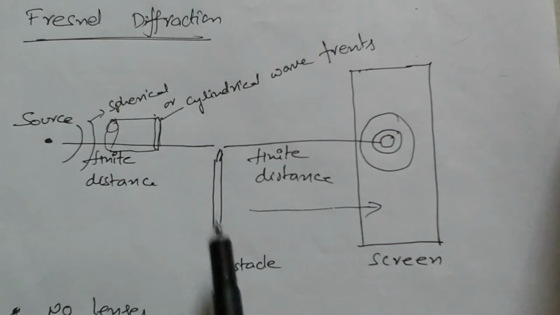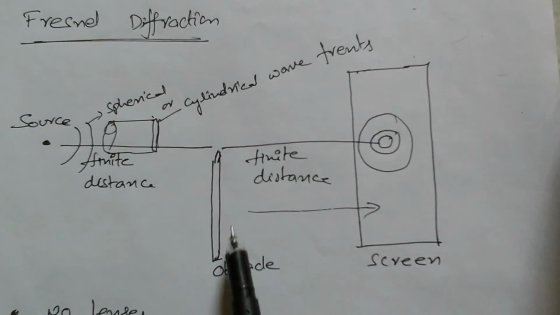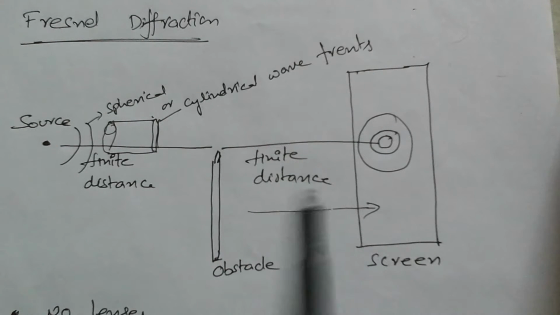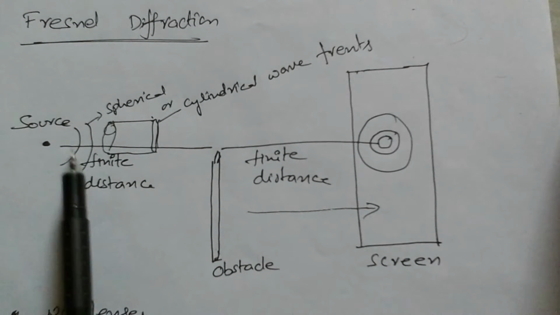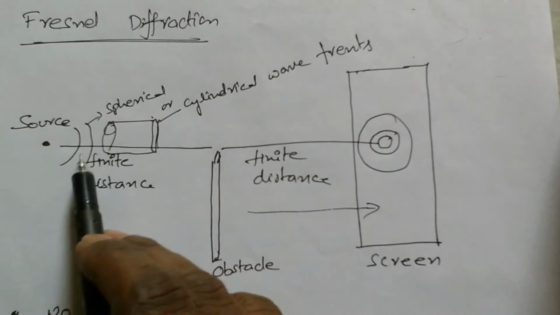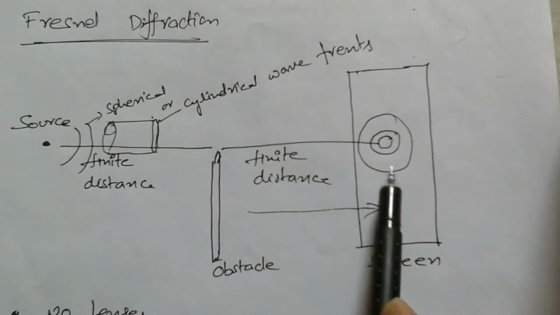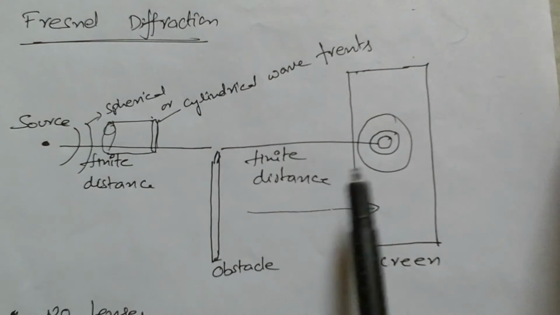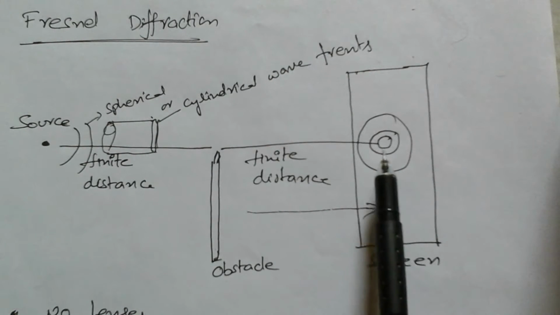The source to obstacle distance is finite, and from obstacle to screen, the distance is finite. So from the source, spherical or cylindrical wavefronts will fall on the obstacle. Again from obstacle to screen, the same spherical or cylindrical wavefronts fall and form a diffraction pattern like this.